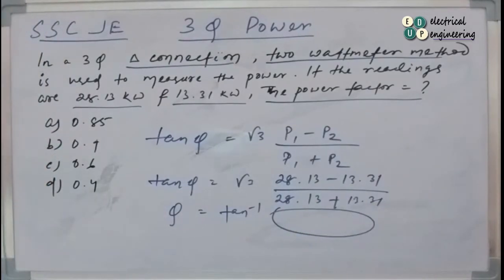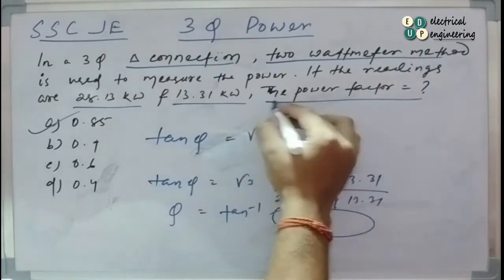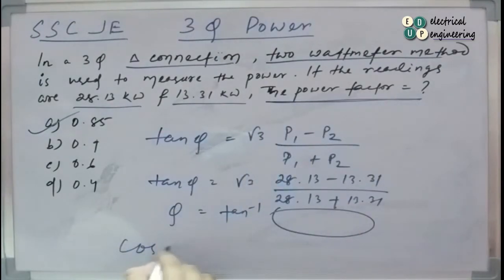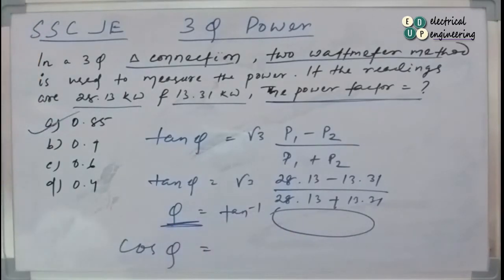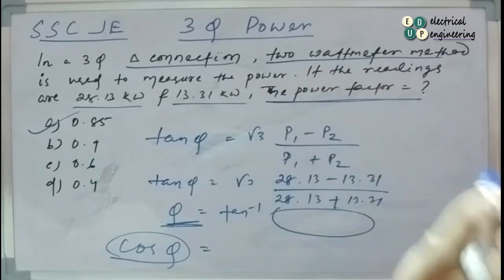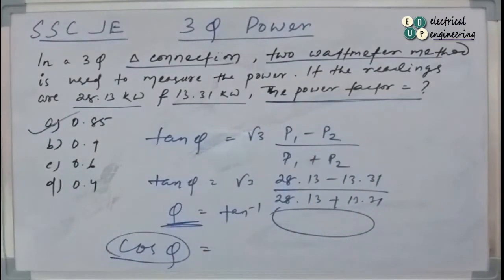The final answer will come as 0.85. After getting phi, it is asking about the power factor. Power factor is cos phi, so whatever value comes for phi, just put it in cos phi, because we need cos phi, the power factor. So cos phi is 0.85.